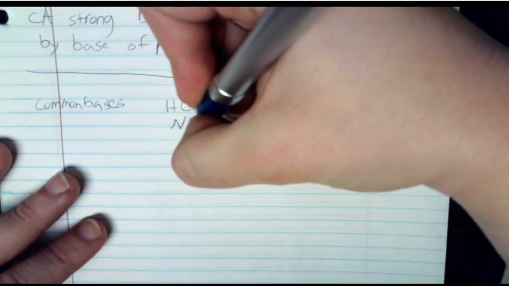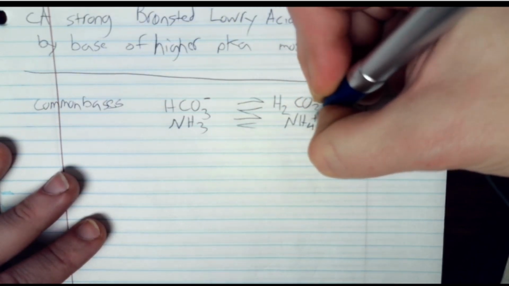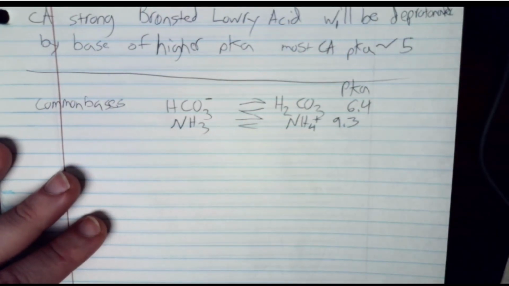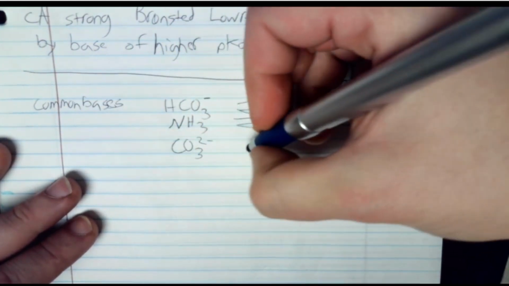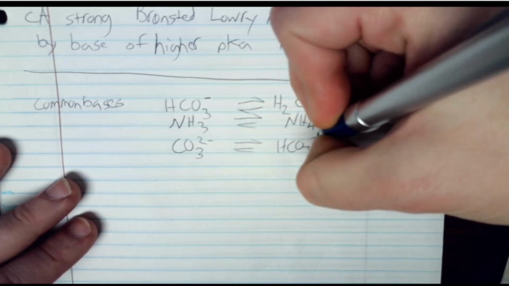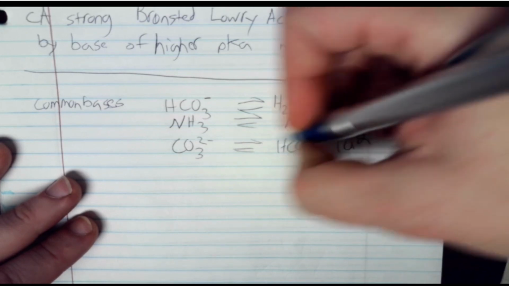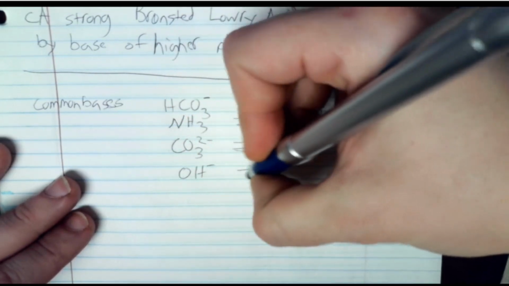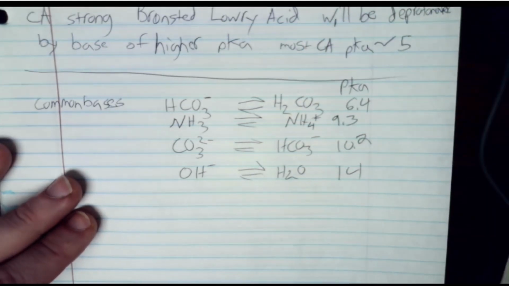Ammonia, with ammonium, pKa of 9.3. Carbonate, proper, not bicarbonate, which will form bicarbonate, is 10.2. Hydroxide, which will reform water, has a pKa of 14.